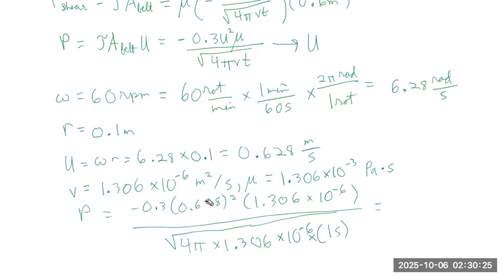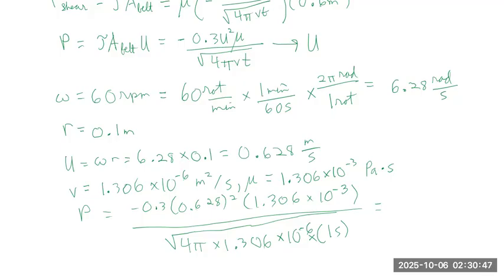So it will be negative 0.3 times 0.628 squared times mu, which is okay, times 10 to the negative 3 over 4 pi times that, okay, times 1 s.